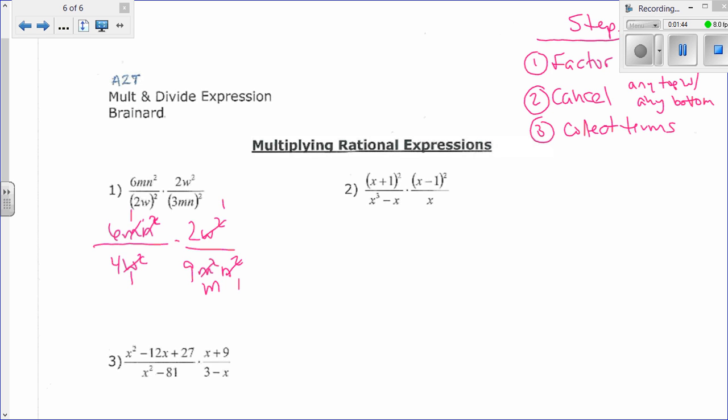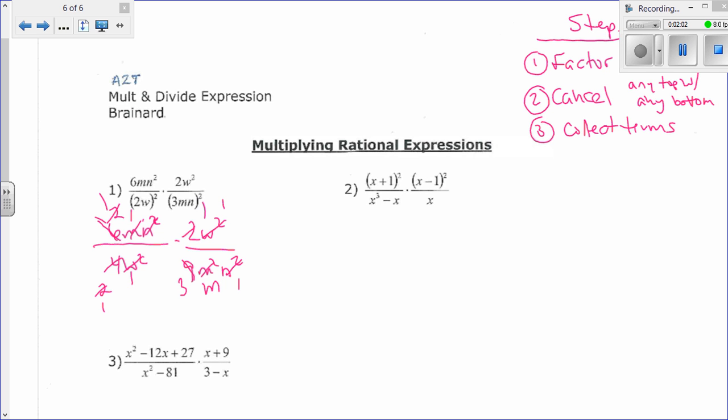And my 2 will cancel with my 4, and it will become a 2. And then my 6 and 9 both have a 3 in common, so this becomes a 2, and this becomes a 3. And I have another 2 here, and another 2 there.